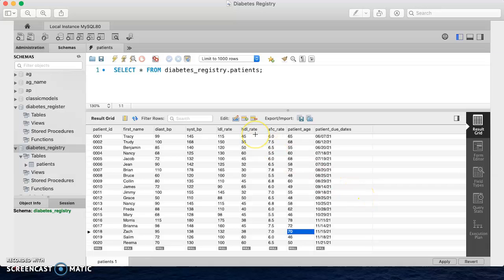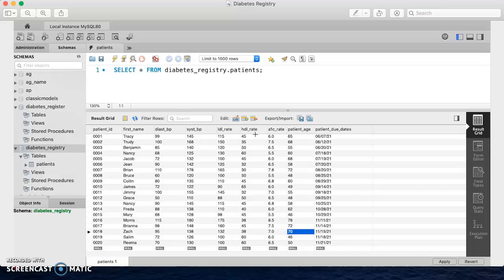So here it is. Here we have a diabetes registry of patients who are aged between 40 to 78 years, and you see females and males in here. We have Tracy, Trudy, Nancy, Benjamin, Jacob, and all the others here with their values.